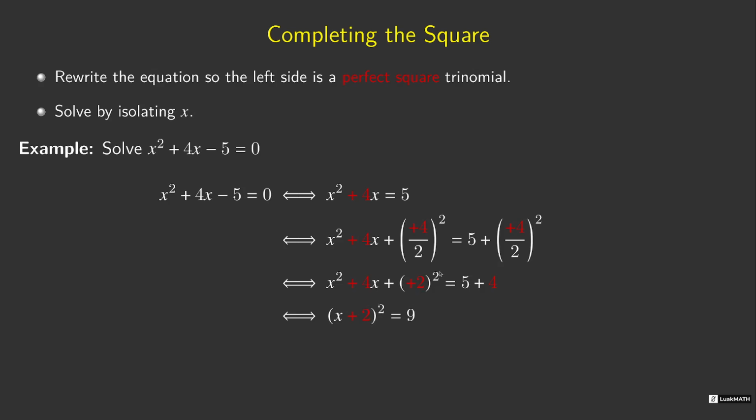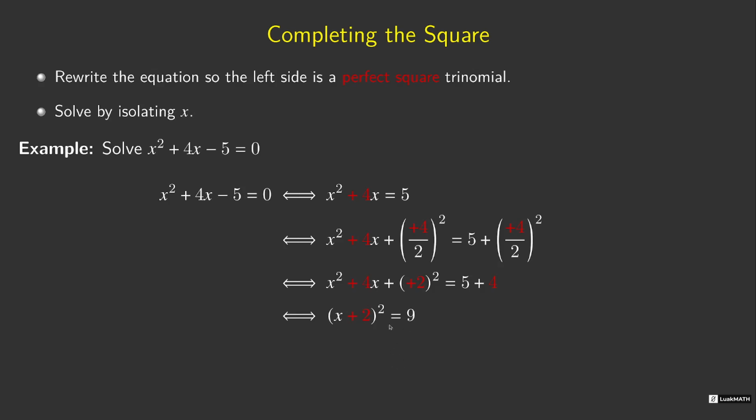This 2 here is not this 2. So if you expand what is in the bracket here, you should get back these terms right here. In fact, if you expand this, you will get x squared plus 4x plus 4 always. And then the right hand side, I just did 5 plus 4 and I get 9.